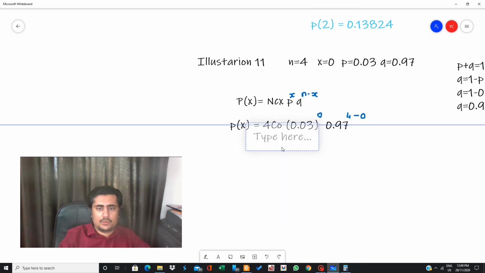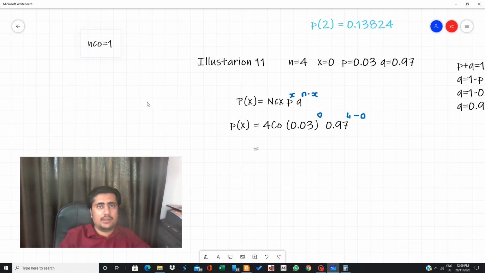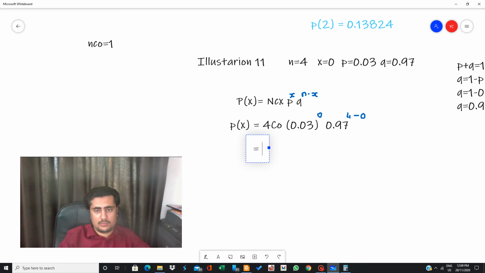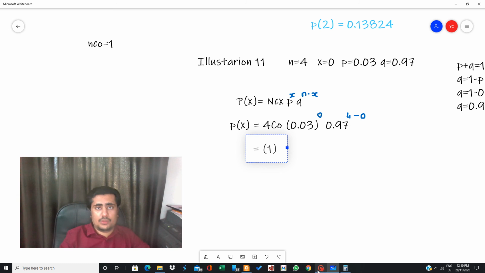Now let us solve this. How to solve 4C0? There is a rule if you remember: NC0 is always 1. So if you get NC0, then the answer is 1. Then 0.03 raised to 0: any number raised to 0 is again 1.